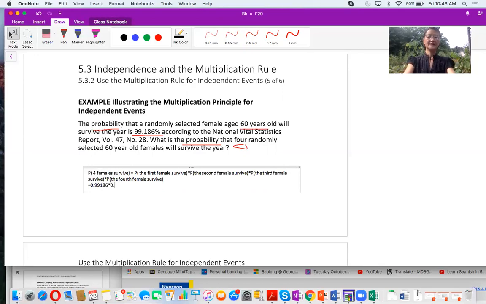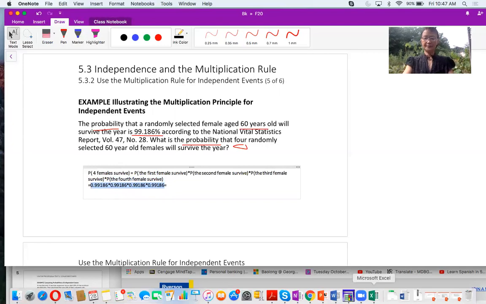Multiply the second probability, which is also 0.99186. Those 4 events are independent, so you need to multiply the probability of each event together.